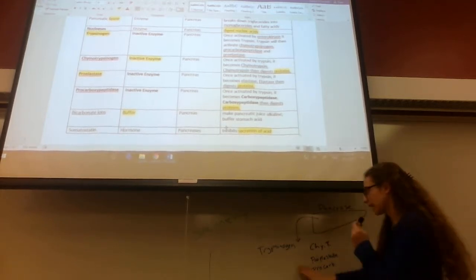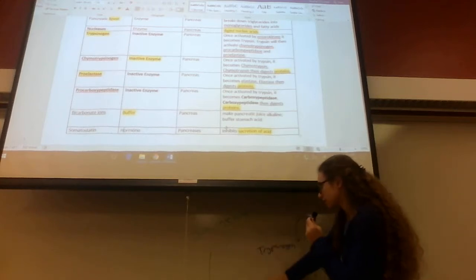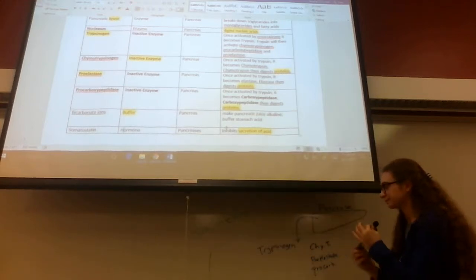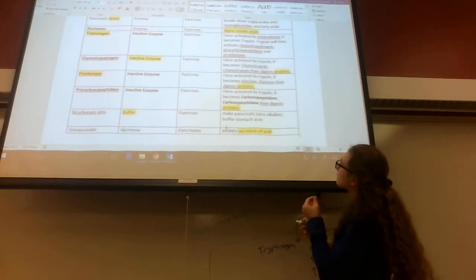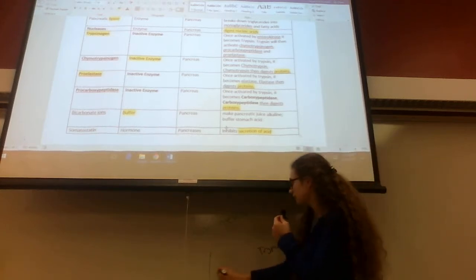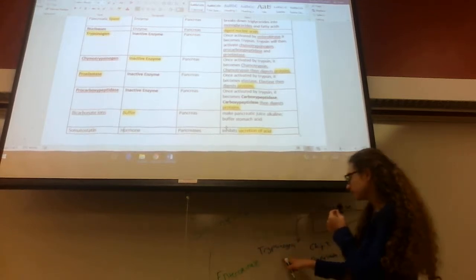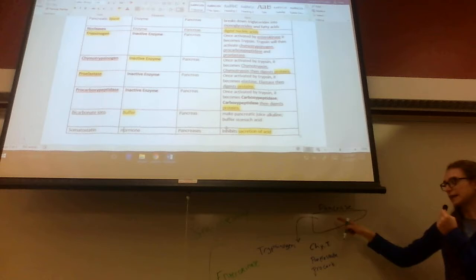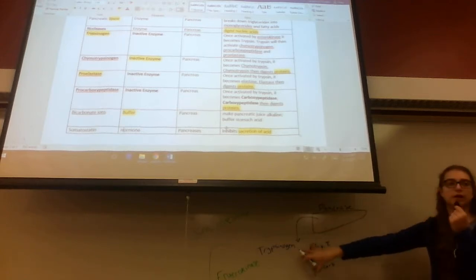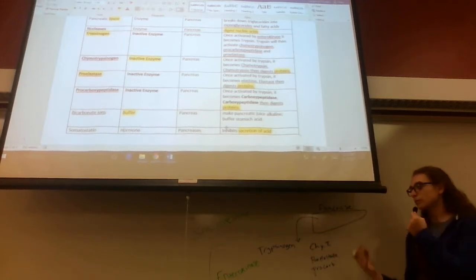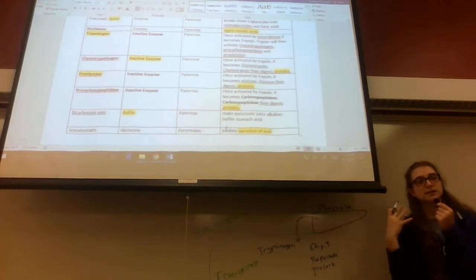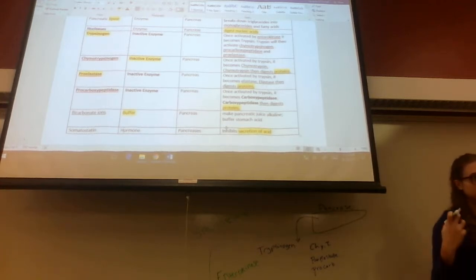After running through those, this is your intestine. All of these pancreatic enzymes will come into the small intestine. They will then be activated once they get into the small intestine because they're too strong for the pancreas.